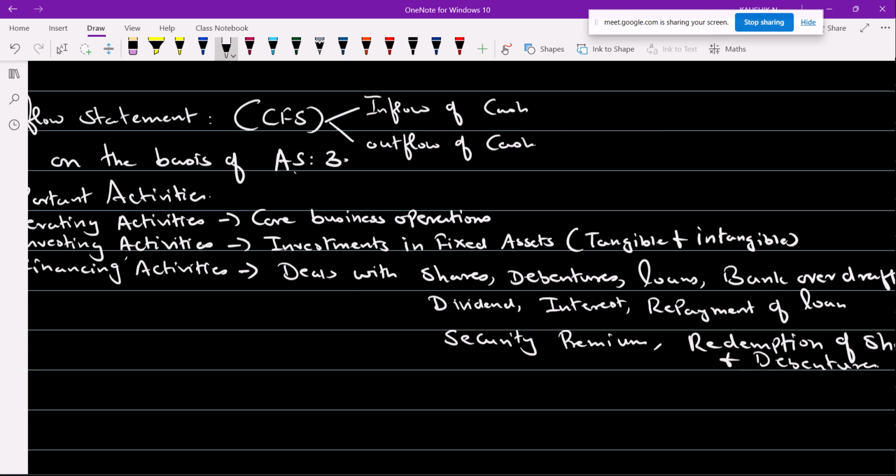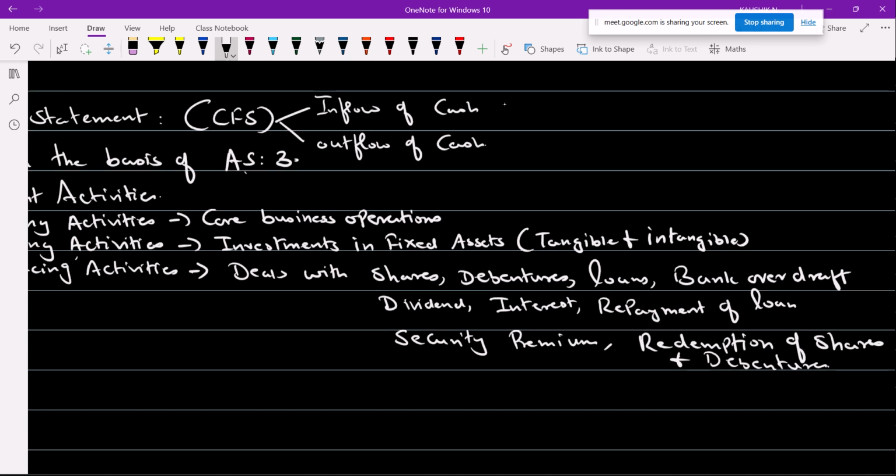Or in simple words, we can say from where the source of funds has arrived and how it has got applied. So a cash flow statement is a study of sources of funds and its applications.